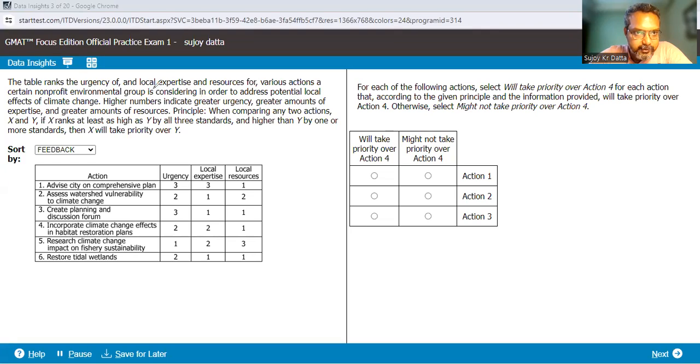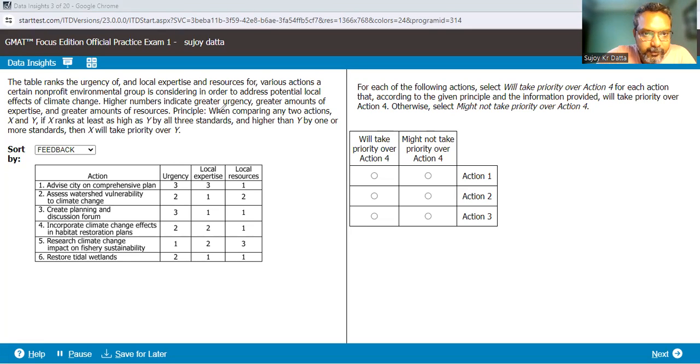The table ranks the urgency of and the local expertise and resources for various actions a certain non-profit environmental group is considering in order to address potential local effects. Higher numbers indicate greater urgency, greater amounts of expertise, and greater amounts of resources.